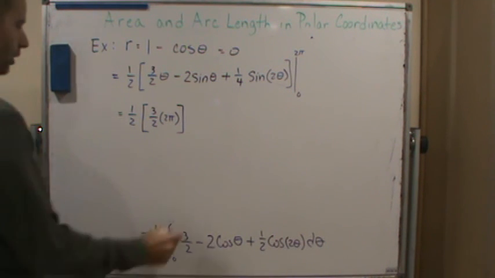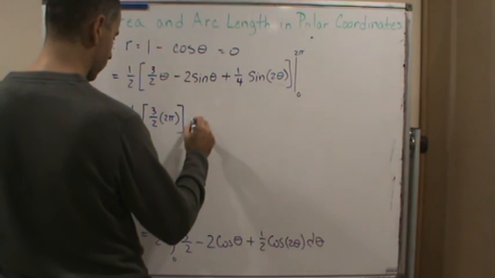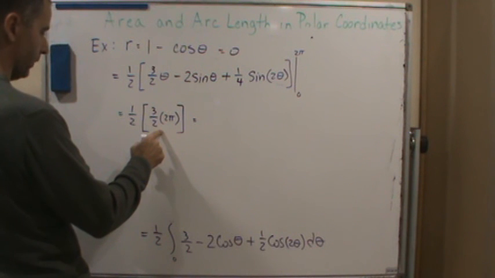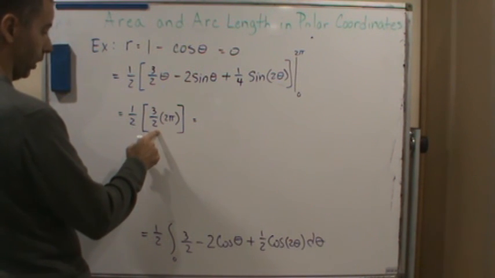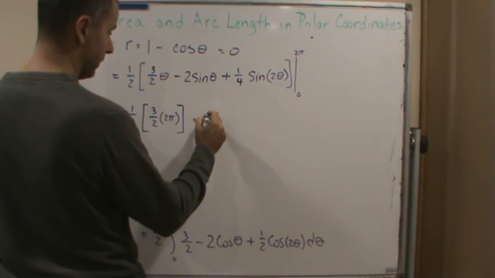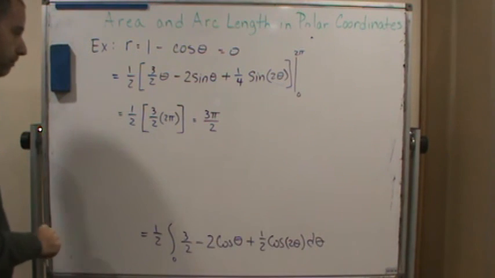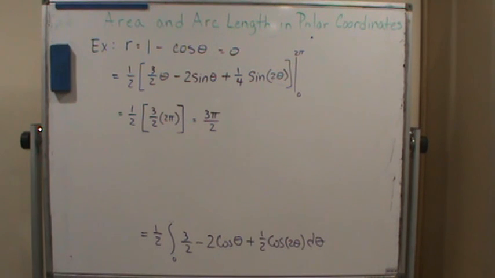And what do we get for our final answer? We multiply here and get 6/4, which gives us 3 pi over 2. And that's the answer. Have a great day.